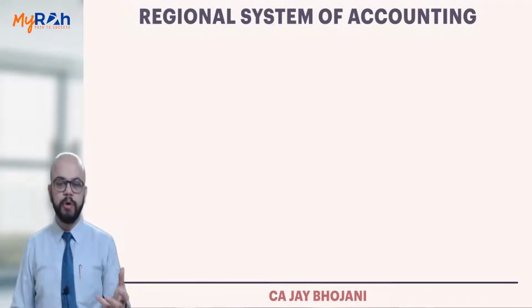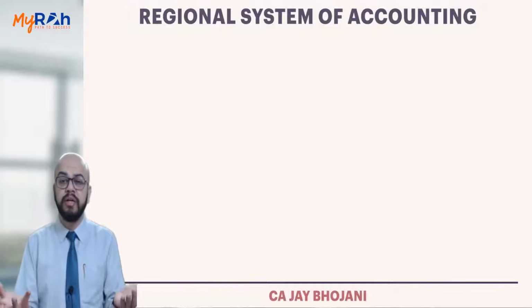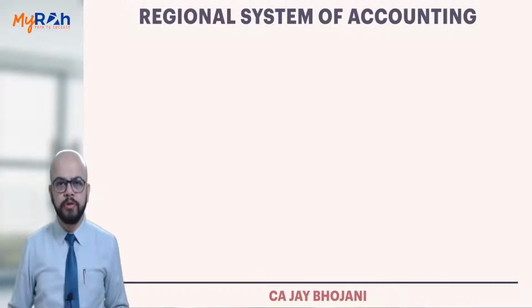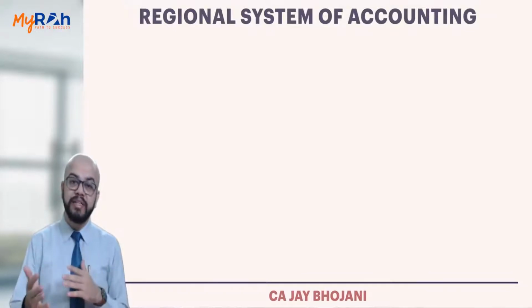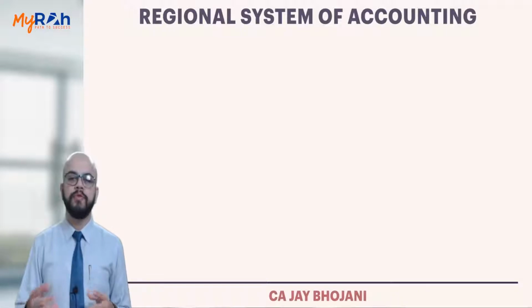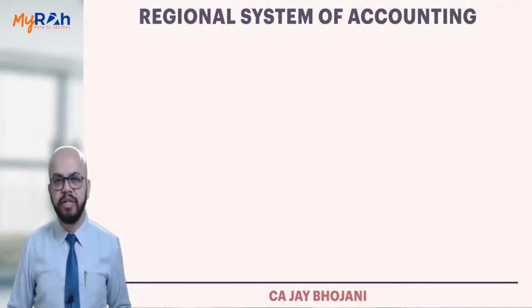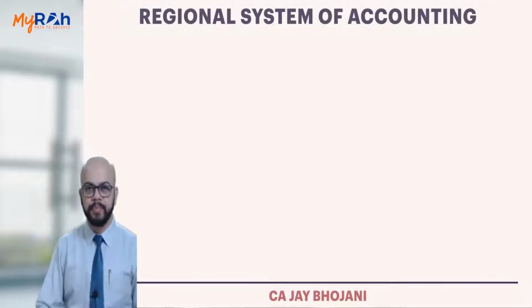For example, if you want to compare the economy of Punjab and Maharashtra using national income, it's not going to be possible. And therefore, to make comparisons between different states, different regions, different districts of a country, we developed this concept, regional system of accounting.